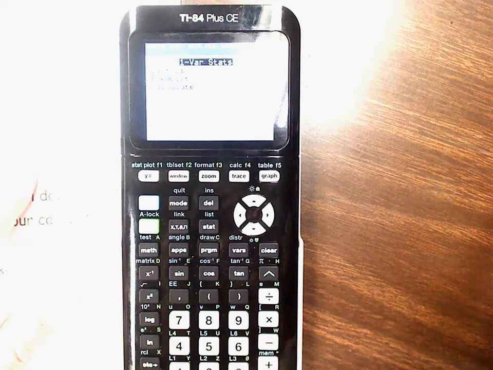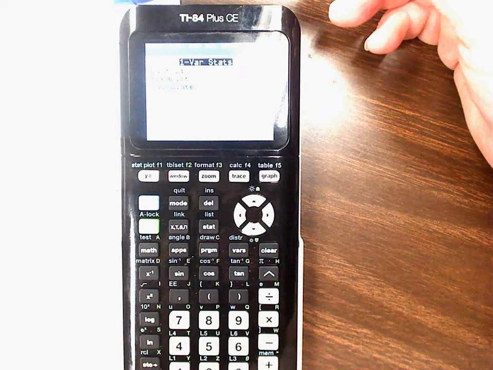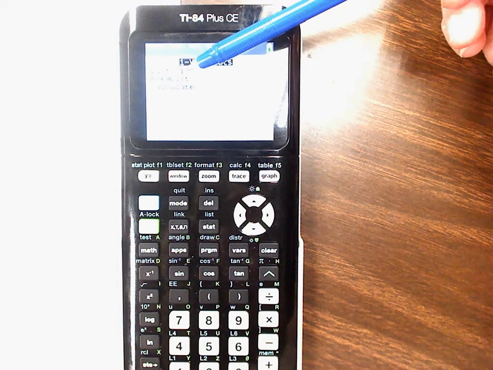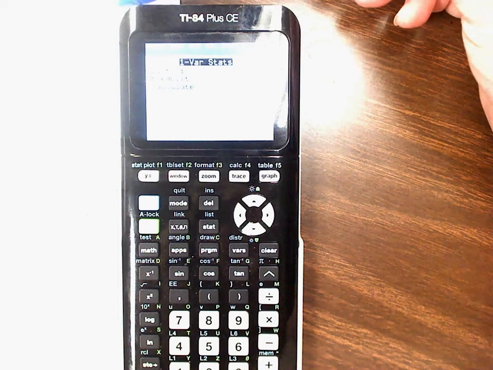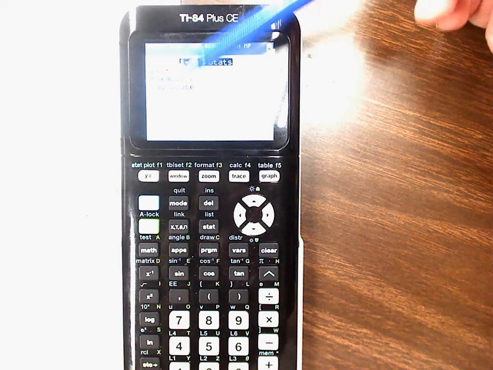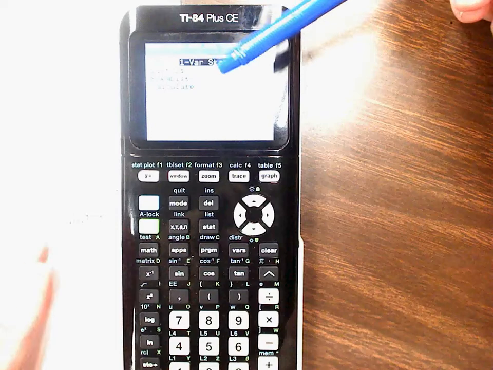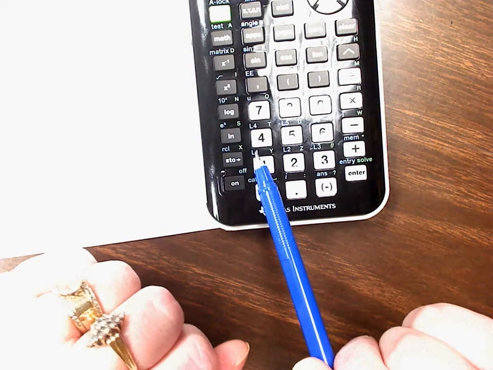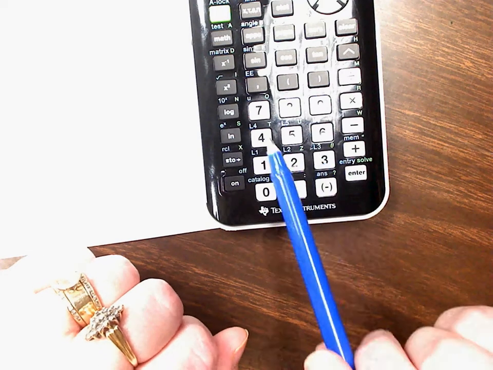Now, you remember I told you to write on your notes if you had something besides L1 right here? Because if you have something besides L1, you need that to say whatever you have right here. Mine says L1, but that's what my column was labeled as well. If you had, for example, an L2, then you need it to say L2 right here. To change that, you'll notice in blue above the numbers it says L1, L2, L3, L4, and so on.